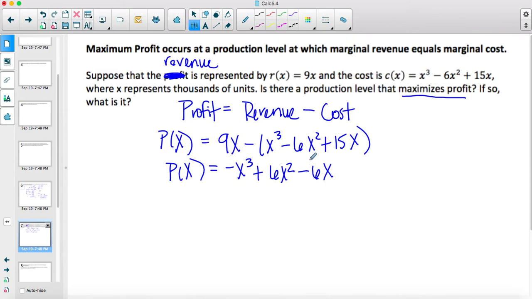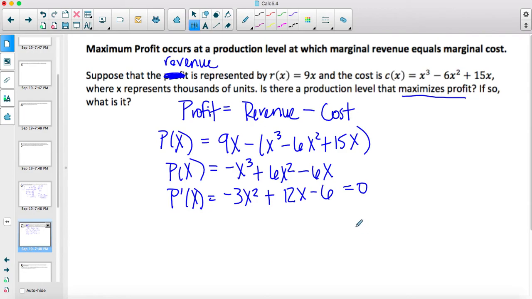All right, now let's take the derivative of that because we want to know when there's a maximum. So I get negative 3x squared plus 12x minus 6. Everybody good on that? Okay, so let's set this equal to 0.